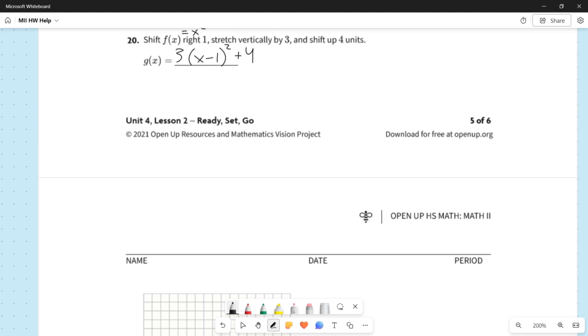So a vertical shift sort of happens last, and you just shift whatever you already have up or down. In this case, it's up 4 units. All right, that's our equation: g of x equals 3 times parentheses x minus 1 squared, plus 4.